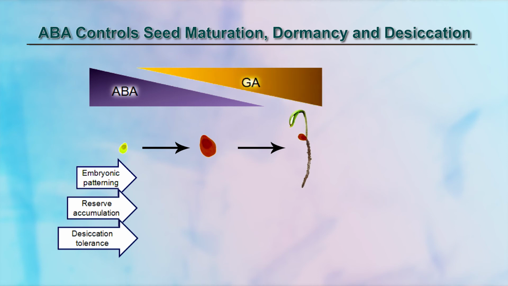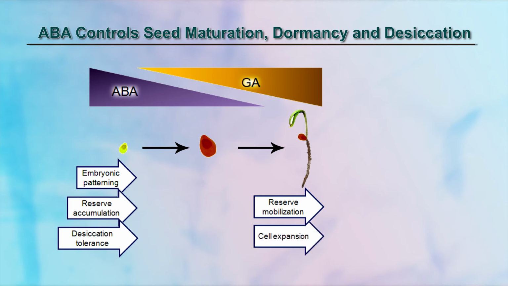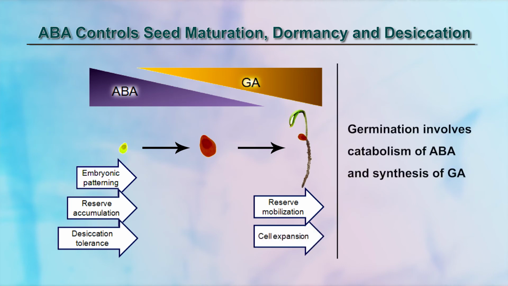But when ABA level goes down, then we have reserve mobilization and cell expansion. At the same time, we have an increase in ABA catabolism and an increase in gibberellin biosynthesis. This leads to the germination of the seed.